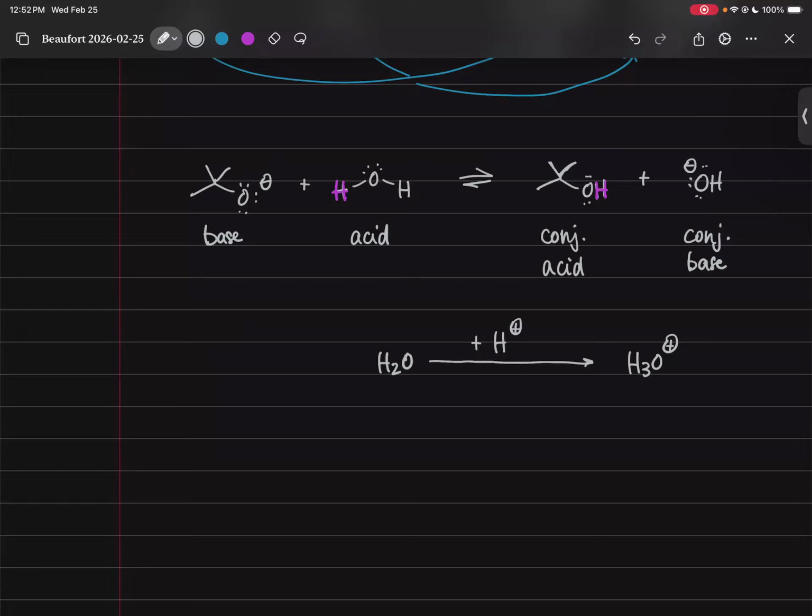In that process, water is a proton acceptor. So water is acting as a base. And the result of that reaction is the conjugate acid of water, which is H3O plus.